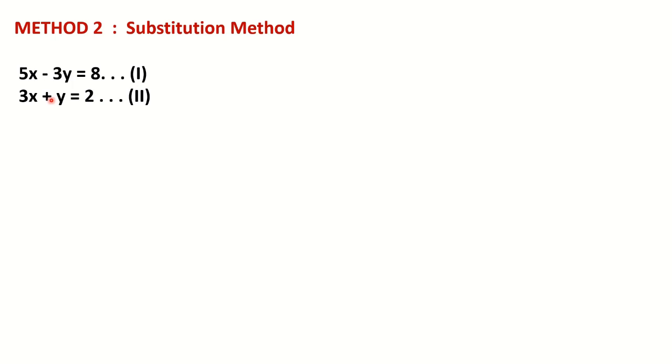That will be easier. For example, here in equation number 2 you will find that the coefficient of y is 1. Everywhere it may not be 1, but if possible, choose it that way. So here I am choosing equation 2, and by using it I am going to write y in terms of x.